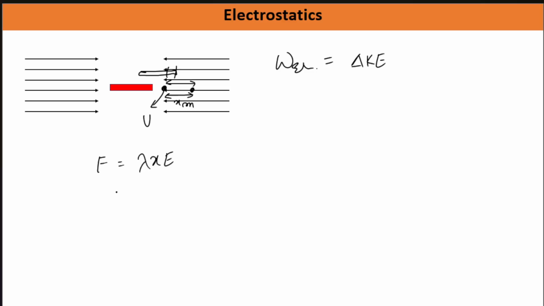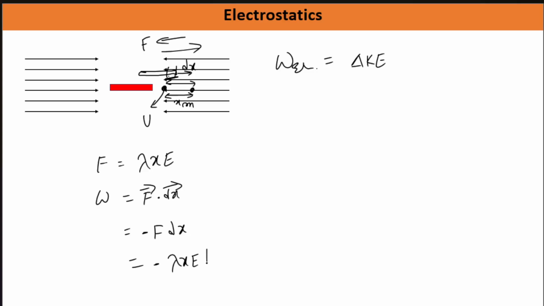Lambda xe, and what will be the work done in taking this portion further by distance dx into the electric field? Work done will be F dot dx, and you know that displacement is in this direction, force is in this direction, because positive charge experiences force in the direction of the electric field. So this is minus F dx. Put the value of F: minus lambda xe dx.